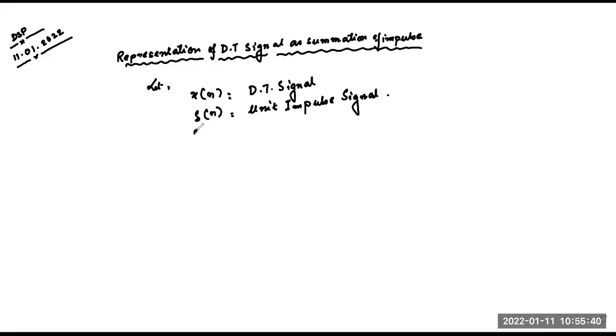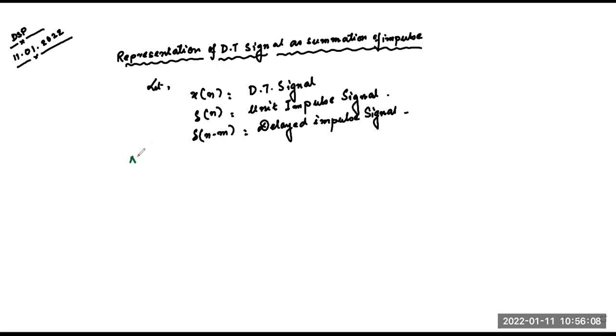And delta[n minus m] will be delayed impulse. Delayed impulse. Okay, so let us take this approximation.